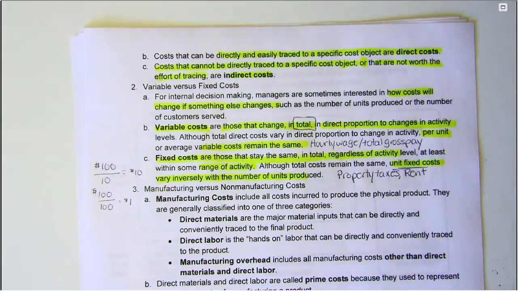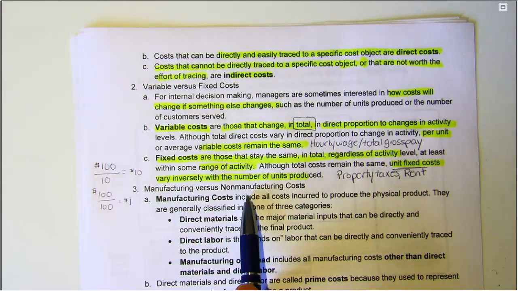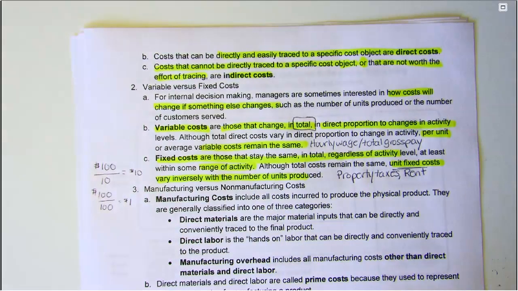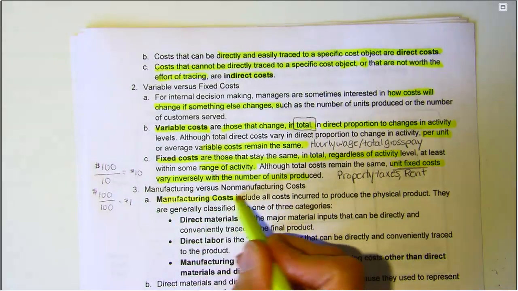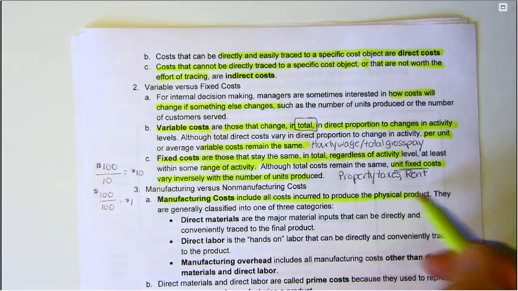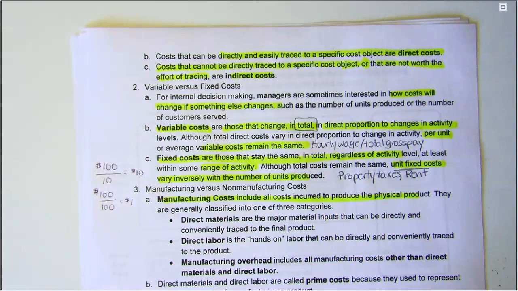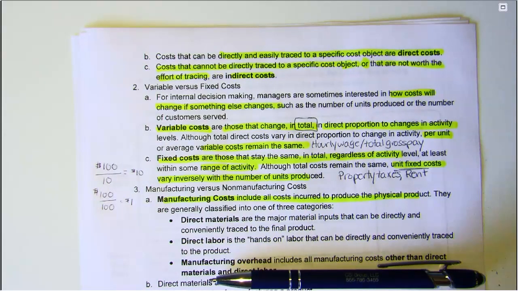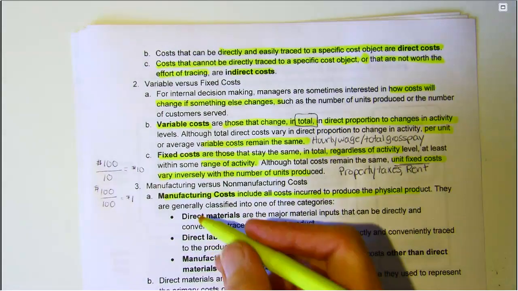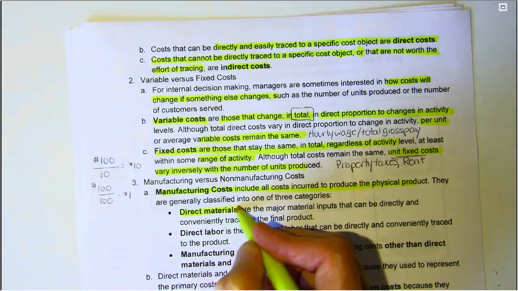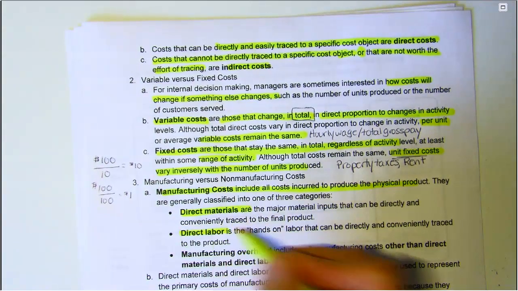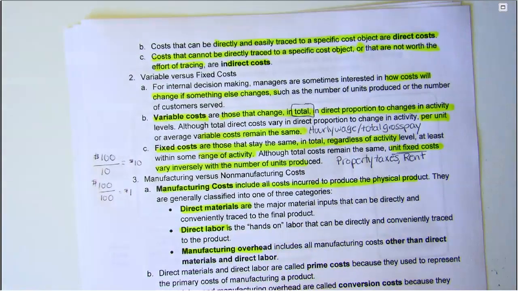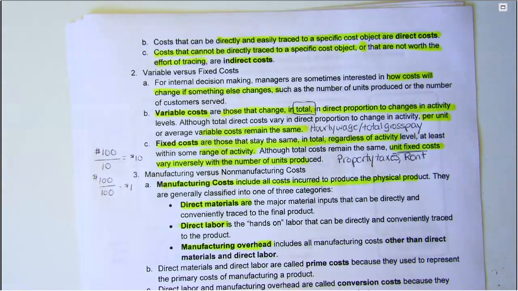Now let's talk about another category of costs, and that's manufacturing costs versus non-manufacturing costs. Manufacturing costs include all costs necessary to produce the product, to produce that pen, for example. And there are three categories of manufacturing costs, and all manufacturing costs have to fall within one of these three categories.